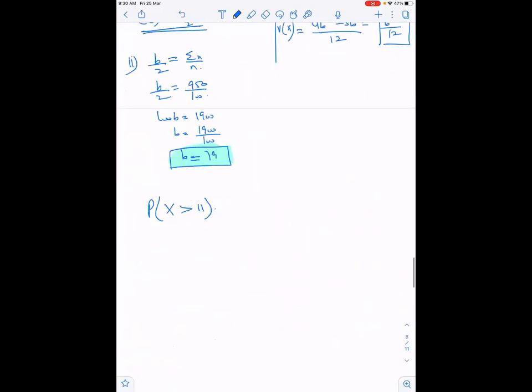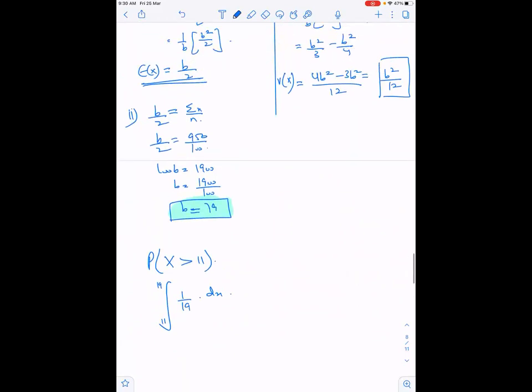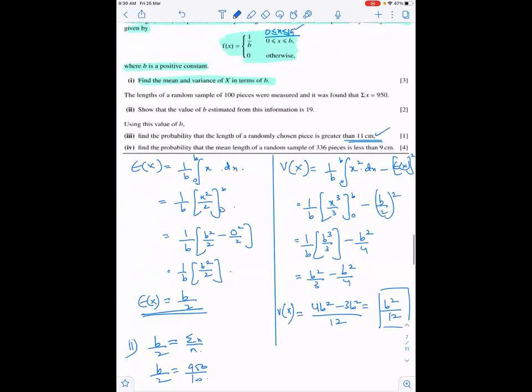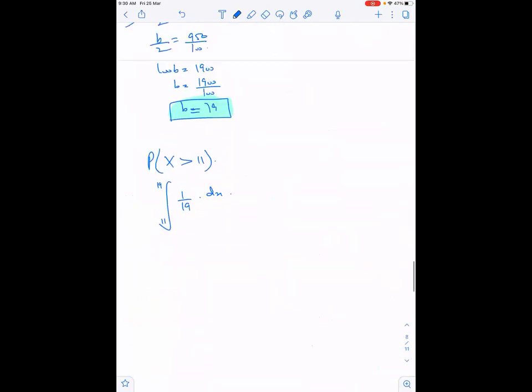And we are going to integrate this function, which is 1 upon b. I'm writing 1 upon 19 as the function, with upper bound 19 and lower bound 11. You understand this much? So we simply find the integral and then apply the boundaries.